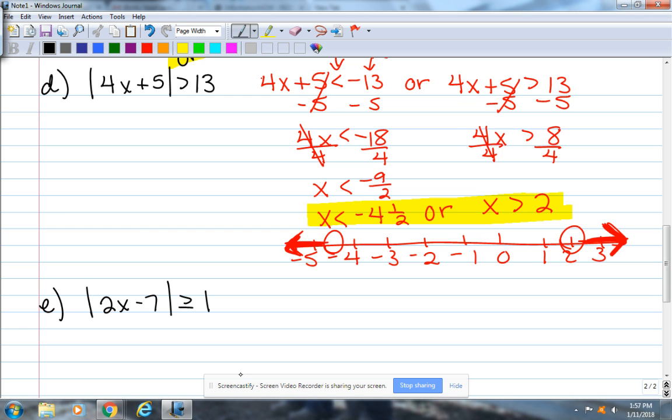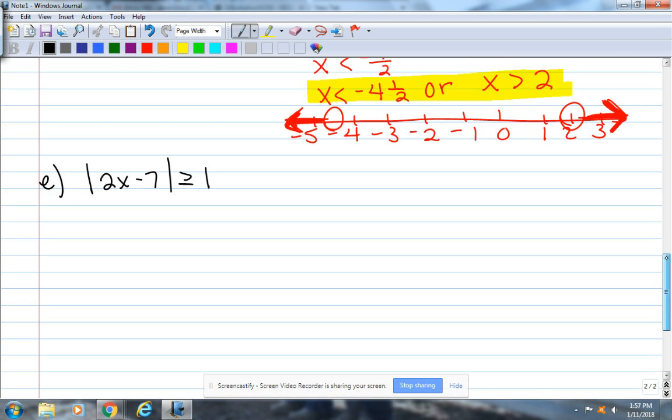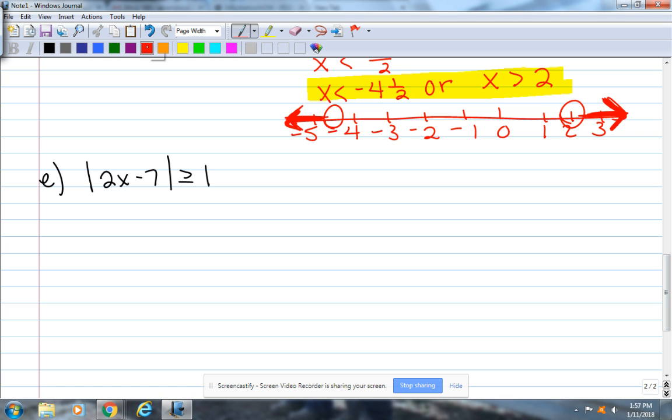On your homework today, on your assignment, it's going to mix all the greater thans and less thans all up. So you've got to be able to look at it and say, yes, it's an or, yes, it's an and. You've got to be able to look at it and tell. So I guess I should have mixed up our examples, but I did not. I read, so it's a greater than or equal to, so that makes it an or problem.